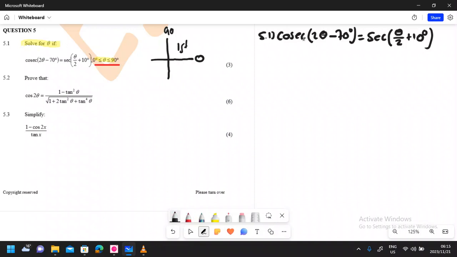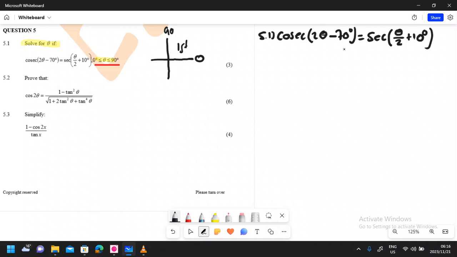Now guys, it's time for us to solve this. In order for you to solve this, you need to know the co-ratio rule. Let's look at our left hand side and right hand side. On our left hand side we have cosec, the trigonometric ratio, and on our right hand side we have sec. These are co-ratios, guys.